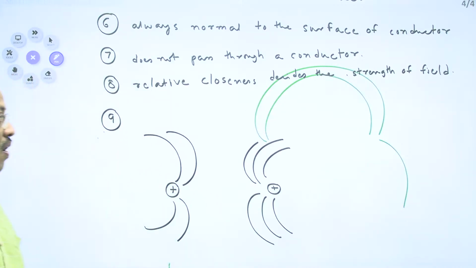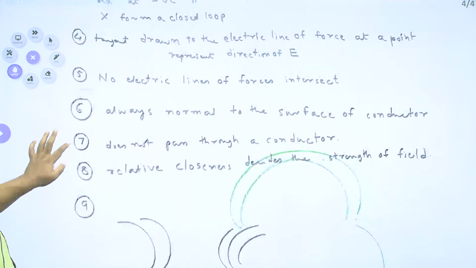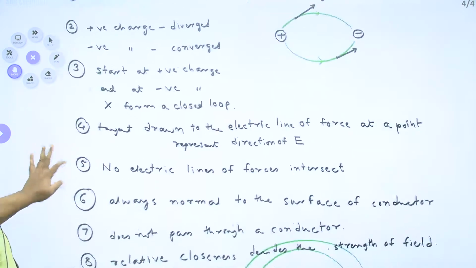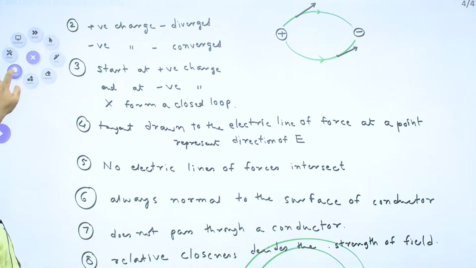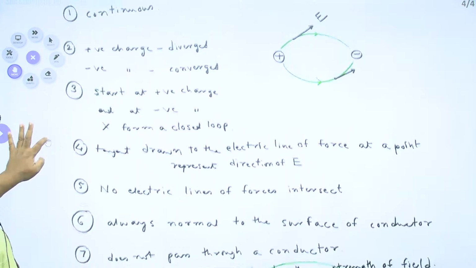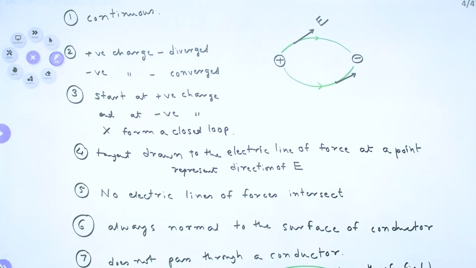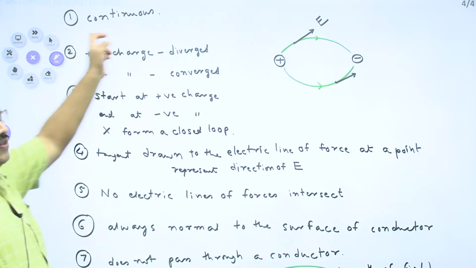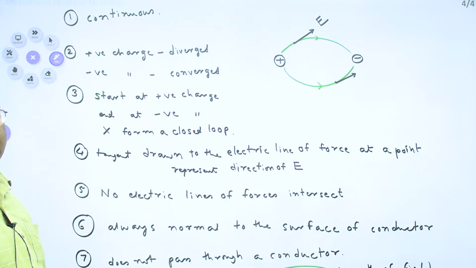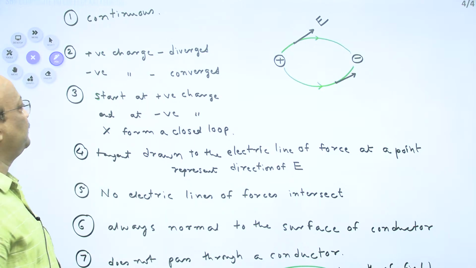Okay, so all these are the properties of electric lines of forces. Electric lines of forces are continuous, in a sense they won't break.